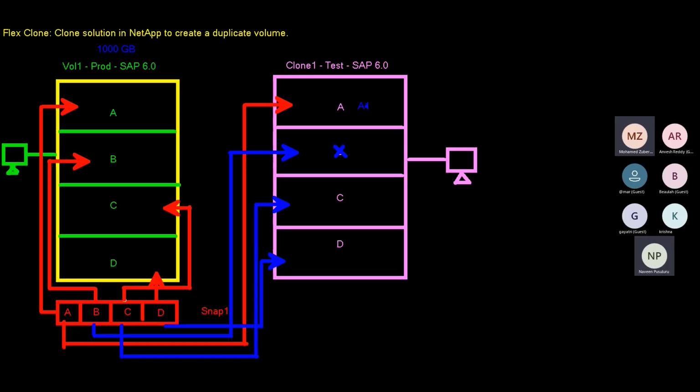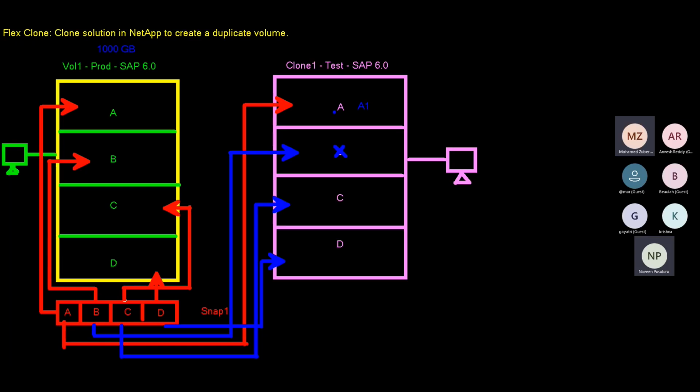And for modifications, as the clone doesn't have the original data, it will send a request to snapshot, and snapshot will send a request to production volume, and production volume will copy the entire A data to snapshot, and snapshot will copy the entire A data to my clone.